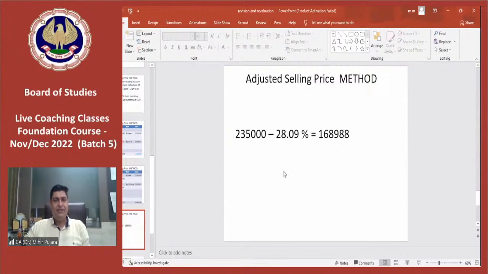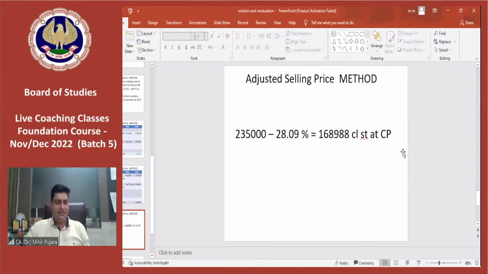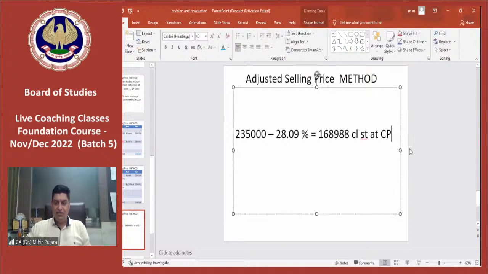So closing stock minus GP percentage, this is known as closing stock at cost price, right, guys? This is known as closing stock at cost price.